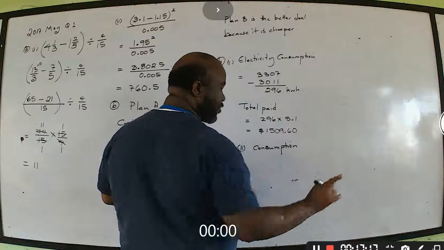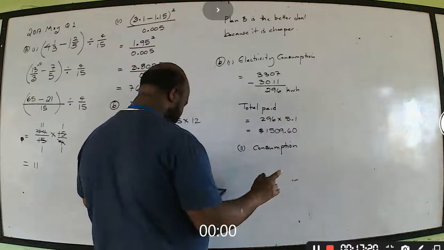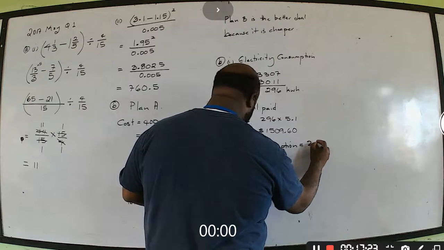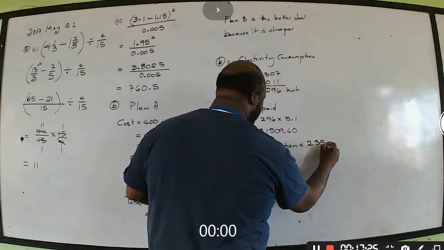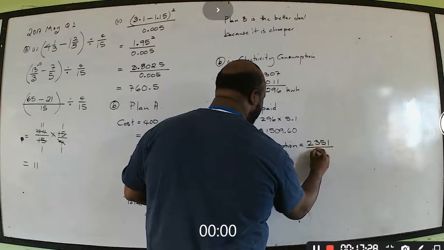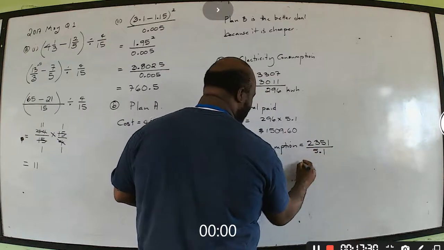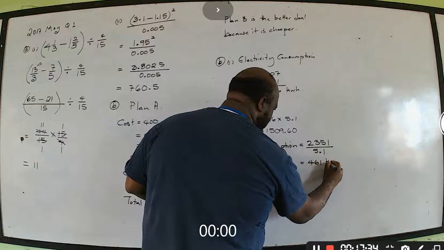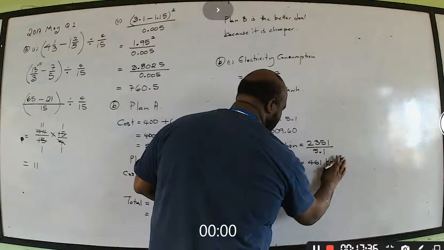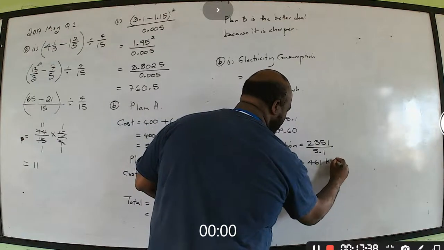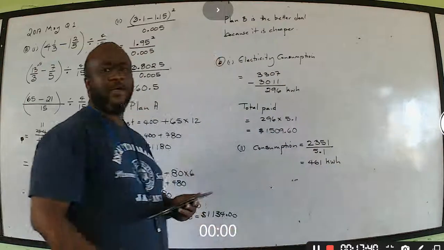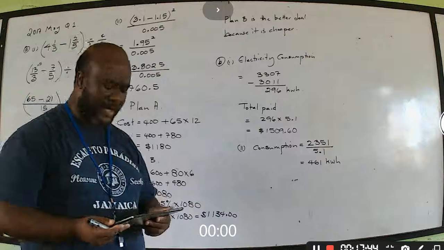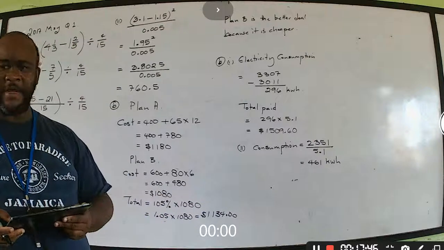Sorry, I'm going to ask you to just wait a minute, please, until I finish this question. Consumption is 2,351.10 divided by 5.10. What did you get? 461 kilowatt hours. What was the meter reading at the end of March?